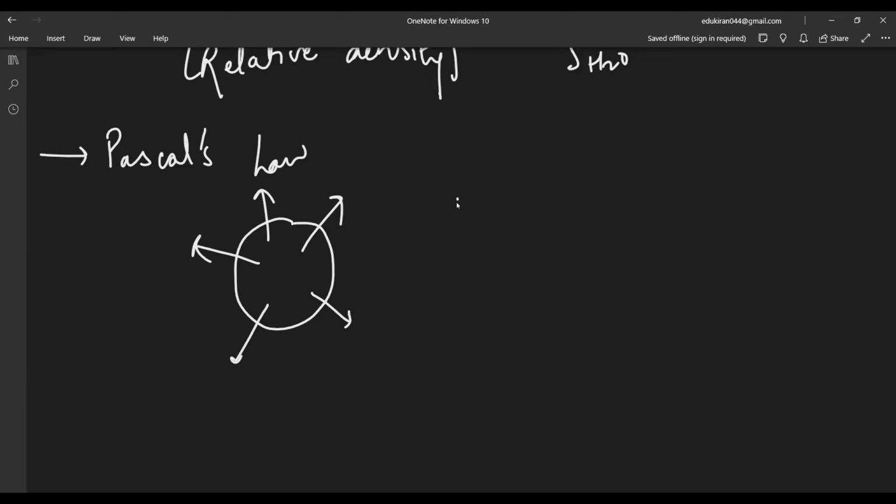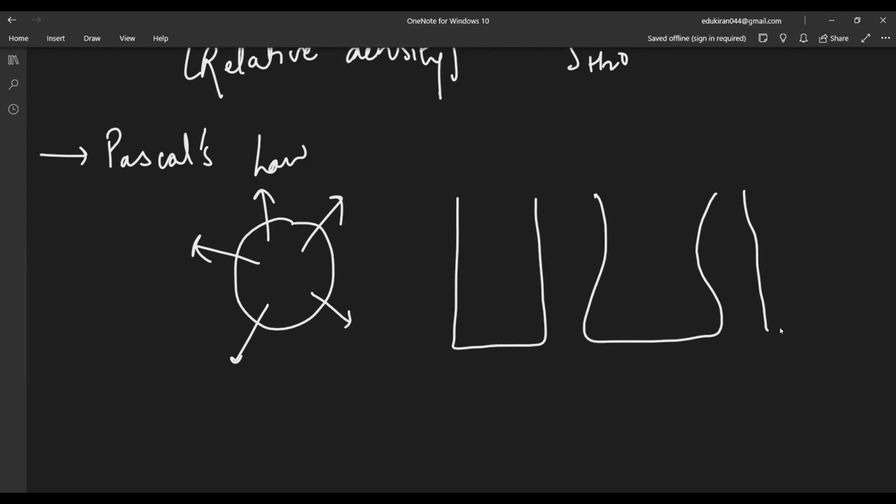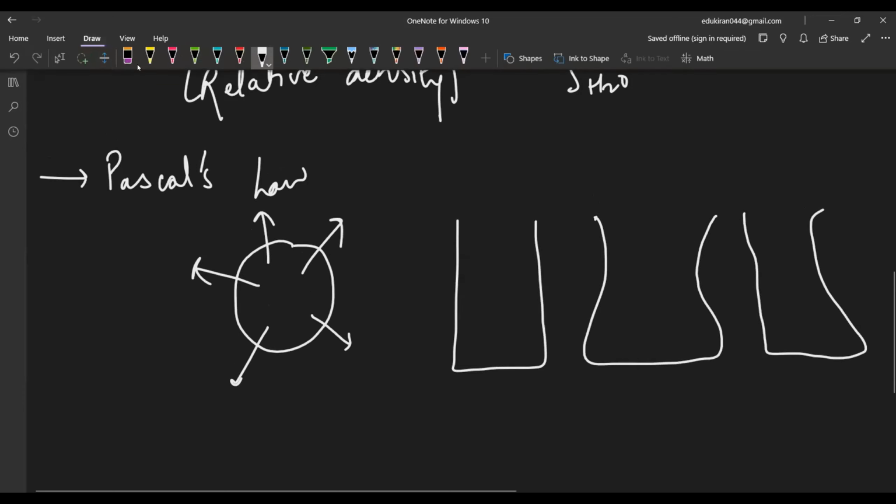And if the fluid is at rest, suppose these are the 3 different types of containers which I have taken. And till this level, I am filling all of these.